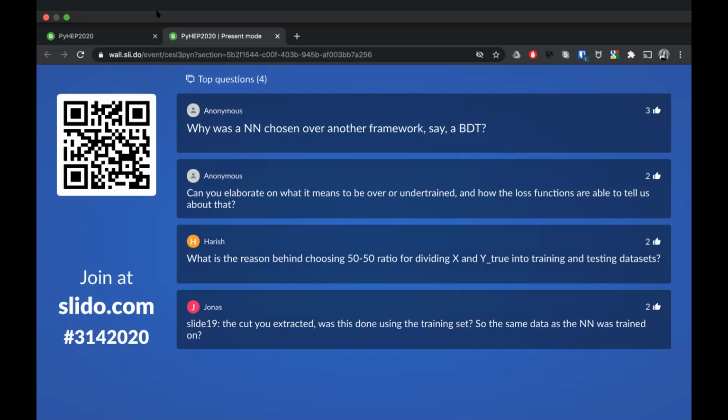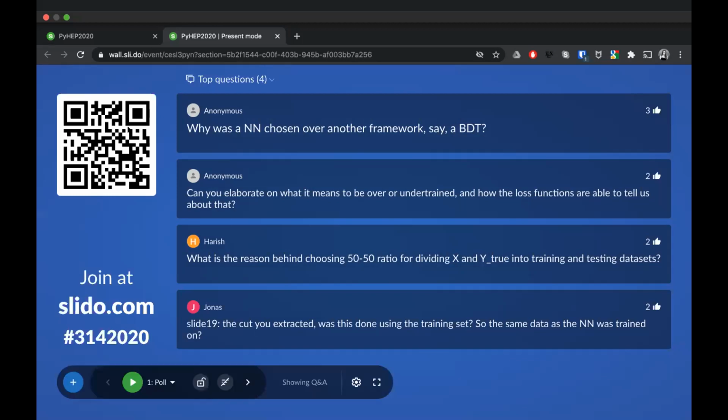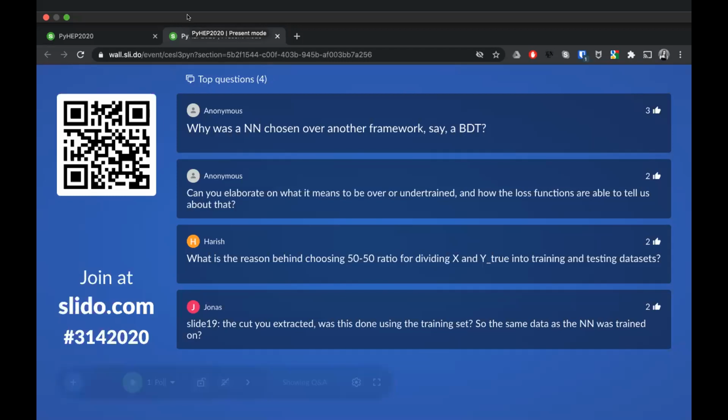So I just decided, why not try to use a neural network and see these results. And this is pretty simple data, so you don't need some very complicated algorithm to optimize it.